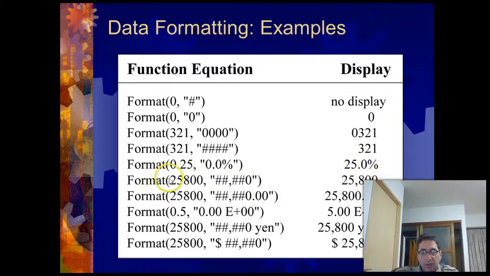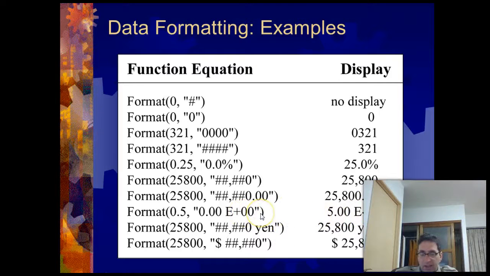If you want to format this like this, that means you're going to have a 0 at the end. You can do it like this. If you want to have 2 decimal places at the end, you can do it like this. This you can do like this.